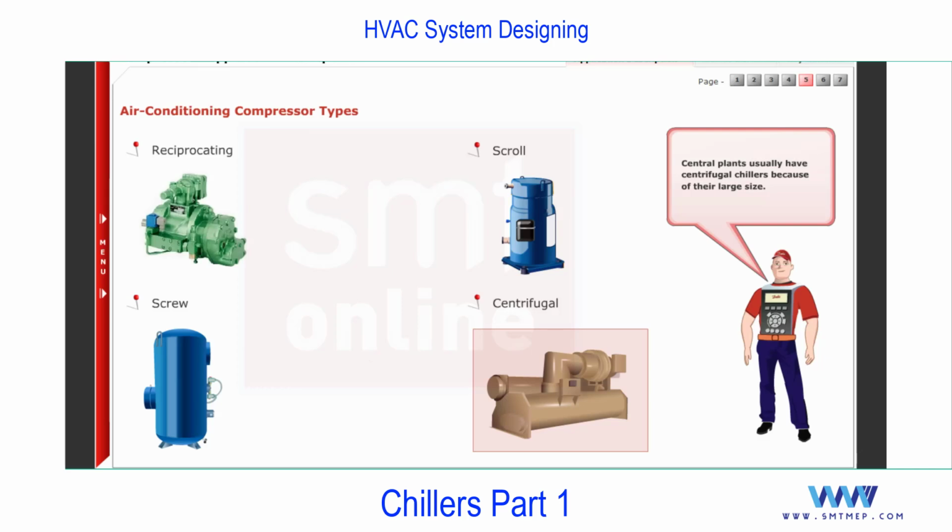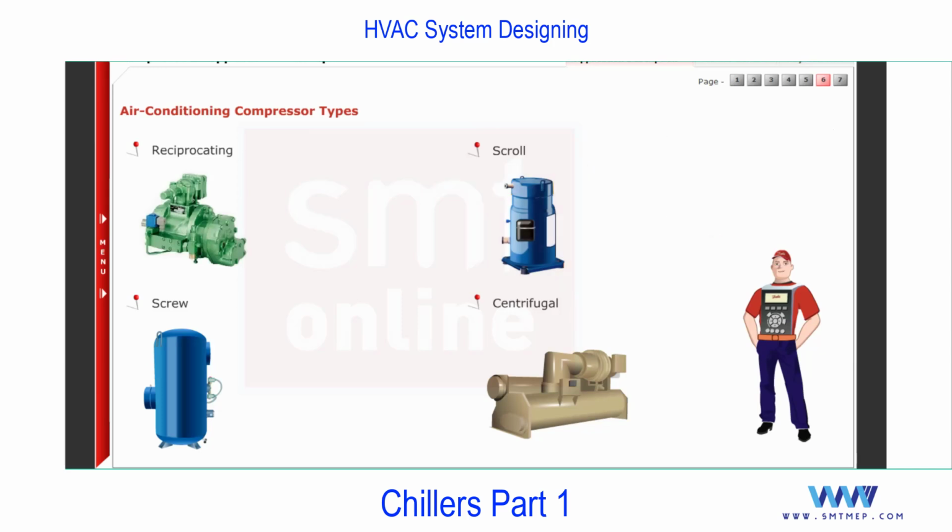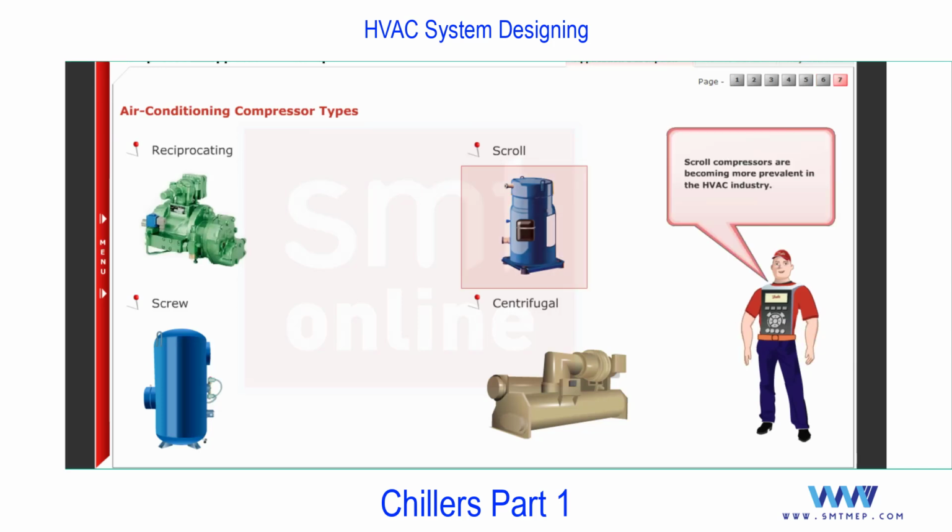Central plants usually have centrifugal chillers because of their large size. Screw compressors are most popular in the mid-size market and smaller, but they do not have the high part load efficiency of scroll compressors. Scroll compressors are becoming more prevalent in the HVAC industry.